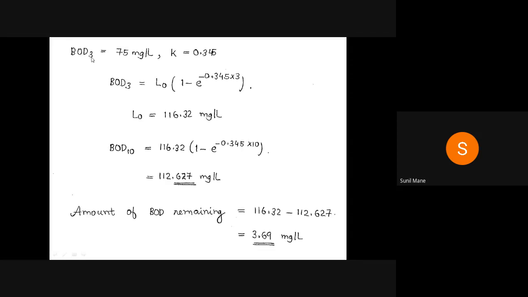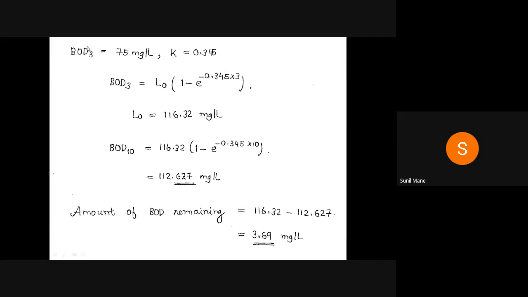Now if this figure is written, that is the 3 days, and the upper figure, that is temperature, is not given, then we should understand that this laboratory test has been carried out at the standard temperature, that is 20 degrees Celsius. Every time it is not necessary that a temperature is mentioned.